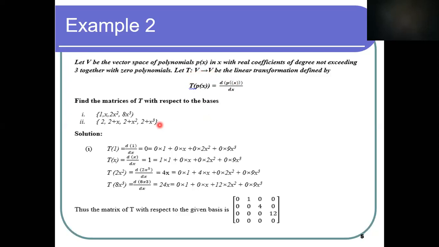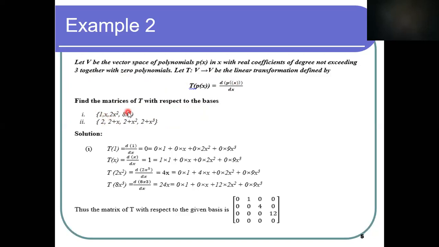So I can find the matrix of transformation T with respect to the basis of P3(x), which is the set of polynomials of degree not exceeding 3, together with the zero polynomial.